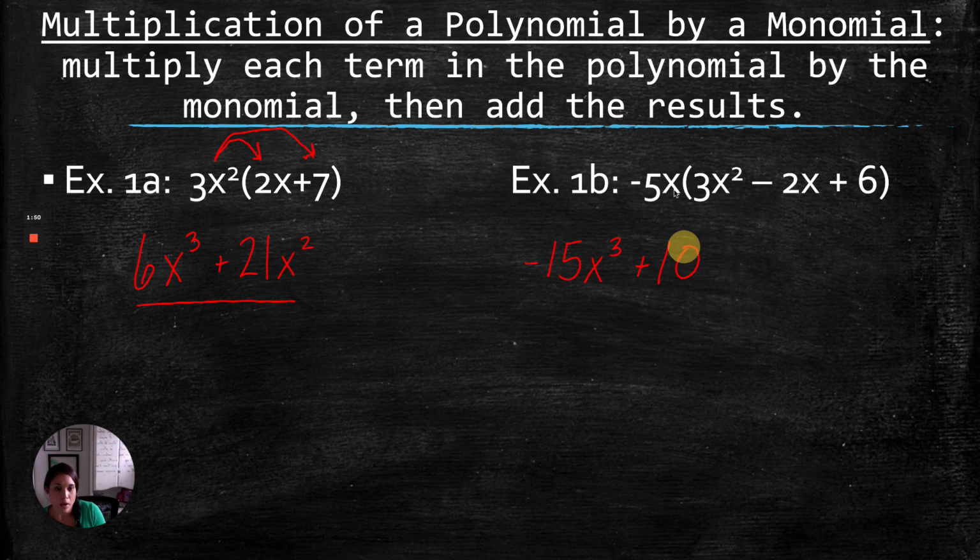Okay, and then x times x is going to be x squared, because remember, if you don't see an exponent, it is understood that it means x to the first power. So x to the first power times x to the first power equals x to the second power. Now -5 times +6 is -30. And then we're just going to bring that x down. So this is my answer here.